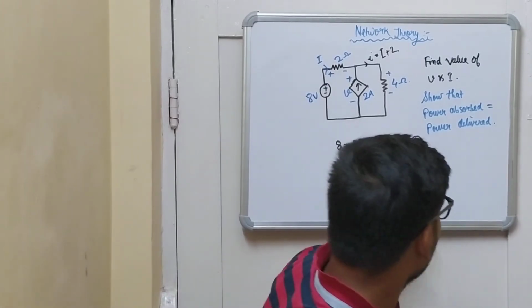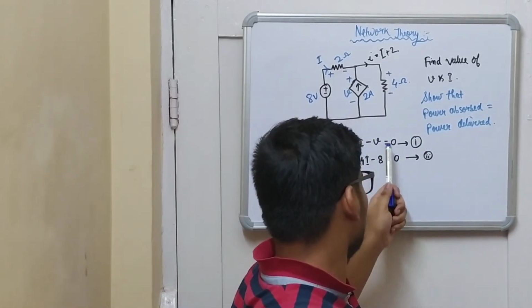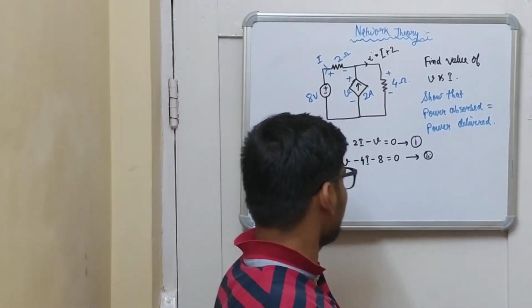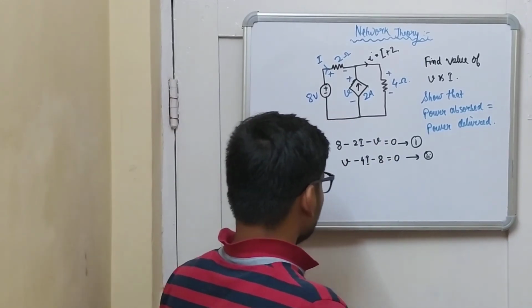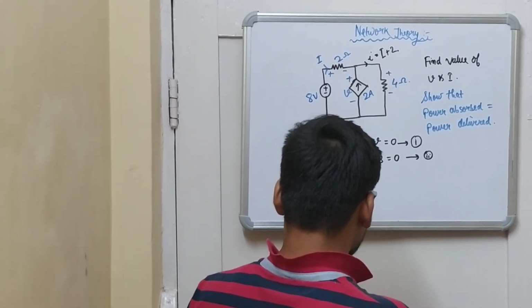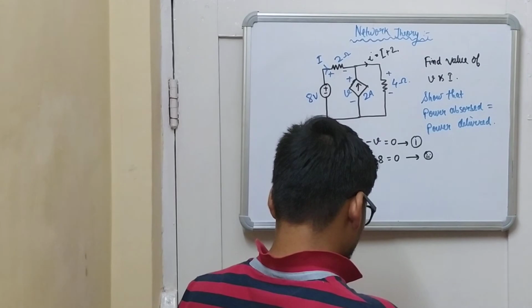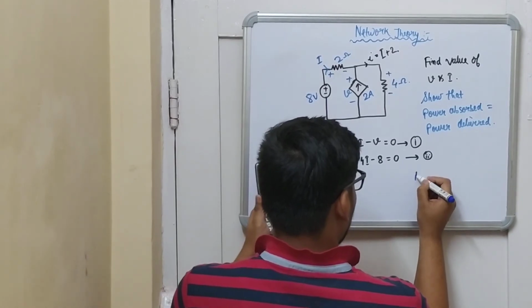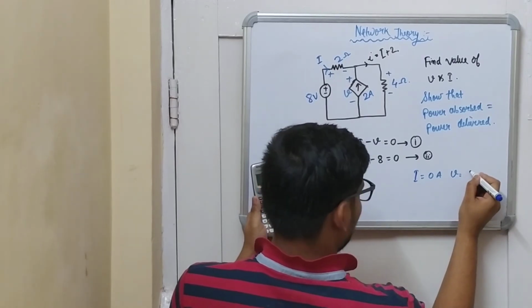Now I will find the value of I and V. Two equations and two unknowns, I and V, so we can find them. I am directly finding this by using a calculator. You also find this. I got current equal to 0 ampere and voltage equal to 8 volt.